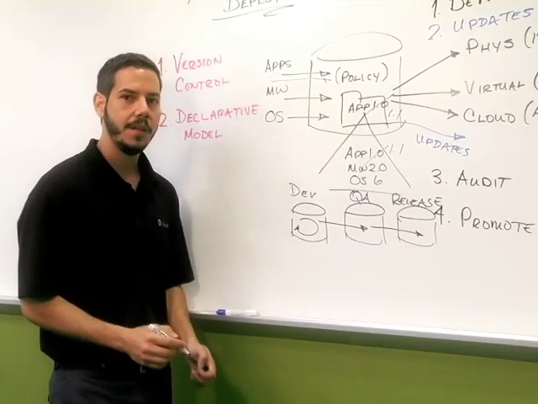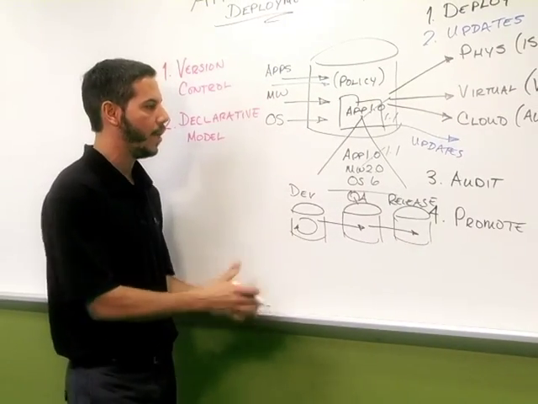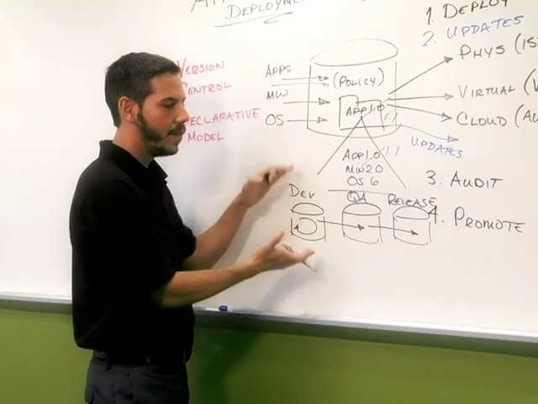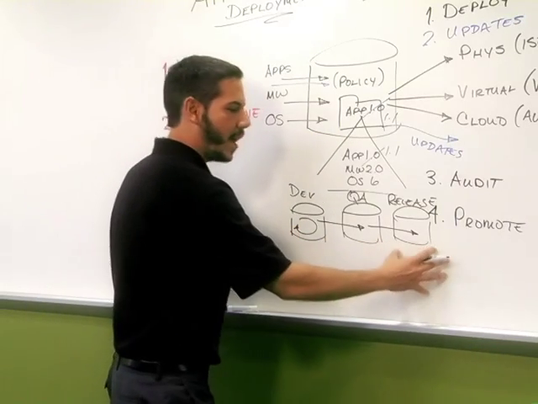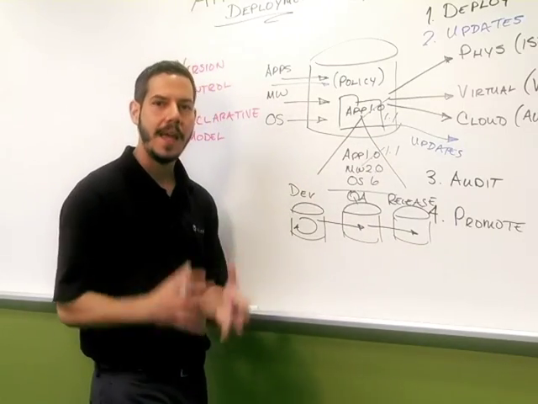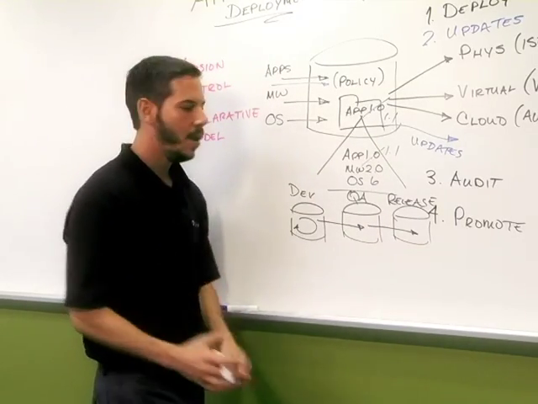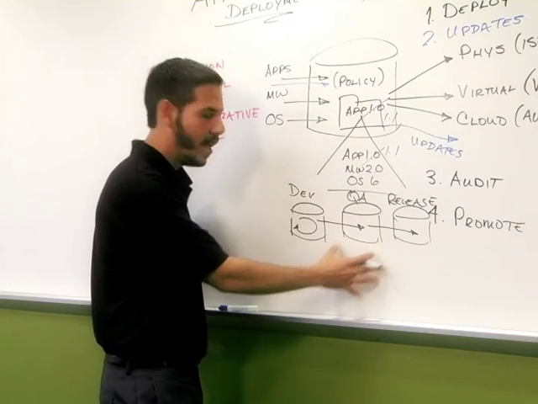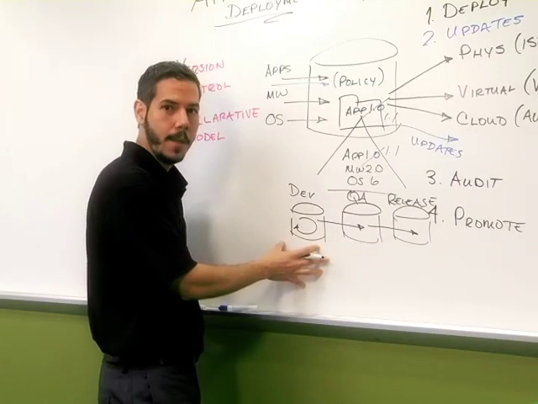This guarantees that because we're promoting not only the application of interest but the entire software stack, the software stack that we've deployed into production for that application is the same, identical, and consistent with the software stack that we utilized in QA, that we tested against, and that we developed against.